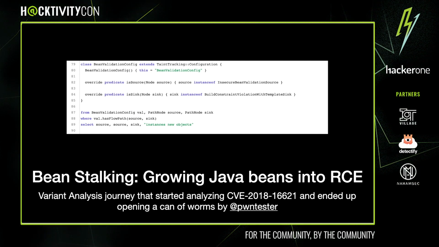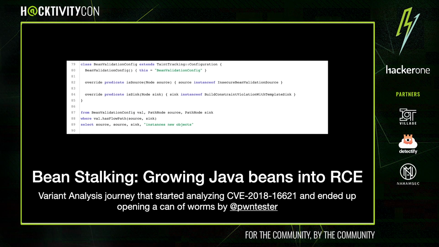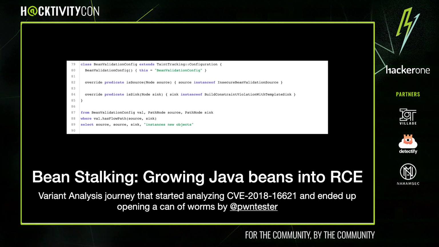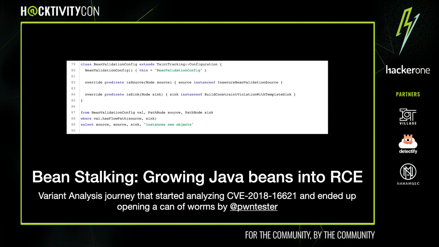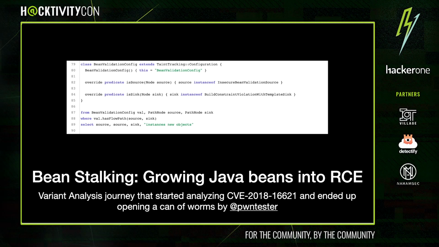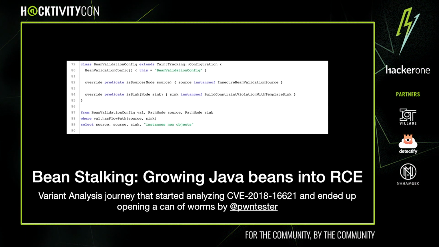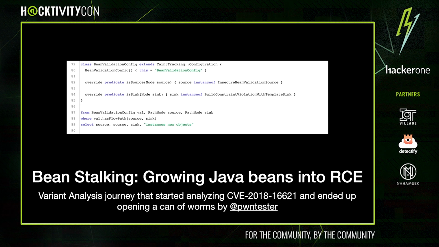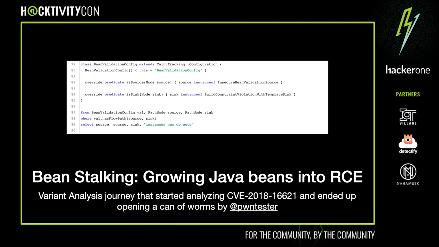And this query is the outcome of public research from Pwntester, doing a variant analysis against CVE-2018-16621. The issue description said that a Java expression language injection vulnerability has been discovered in Nexus Repository Manager 3.